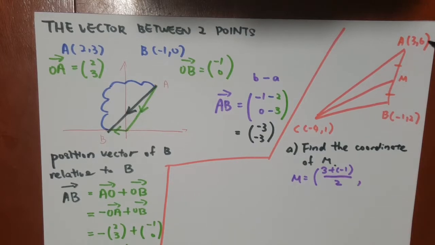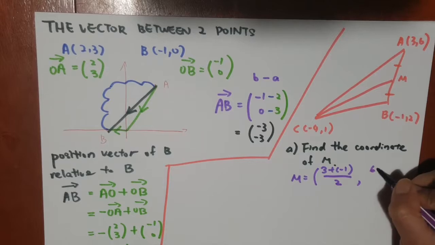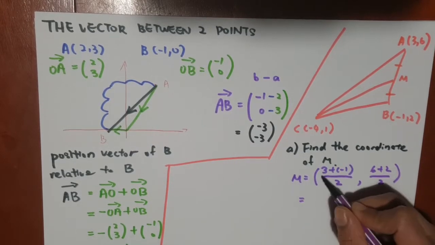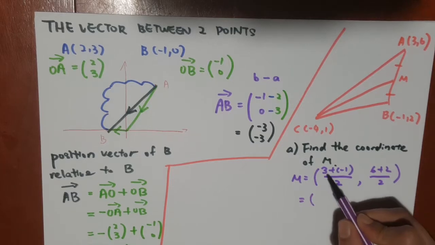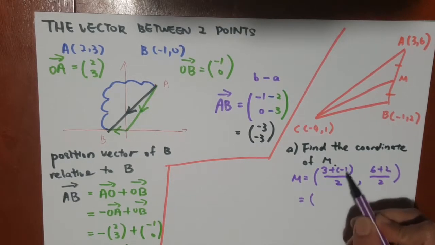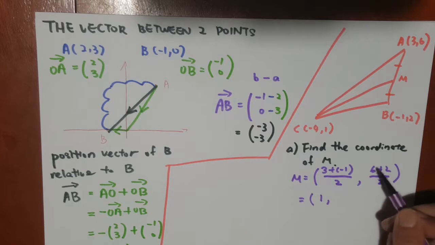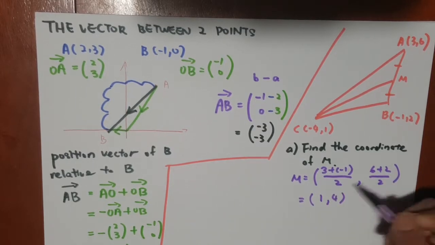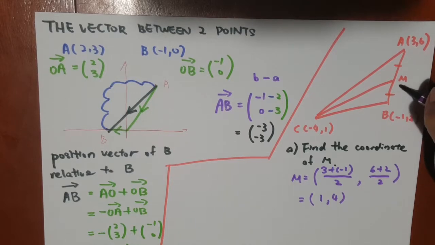And also the sum of the y's, which is 6 and 2, also divided by 2. When we simplify this, 3 take 1 is 2, divided by 2 is 1. 6 plus 2 divided by 2 is 4. So we get the midpoint M as (1, 4).